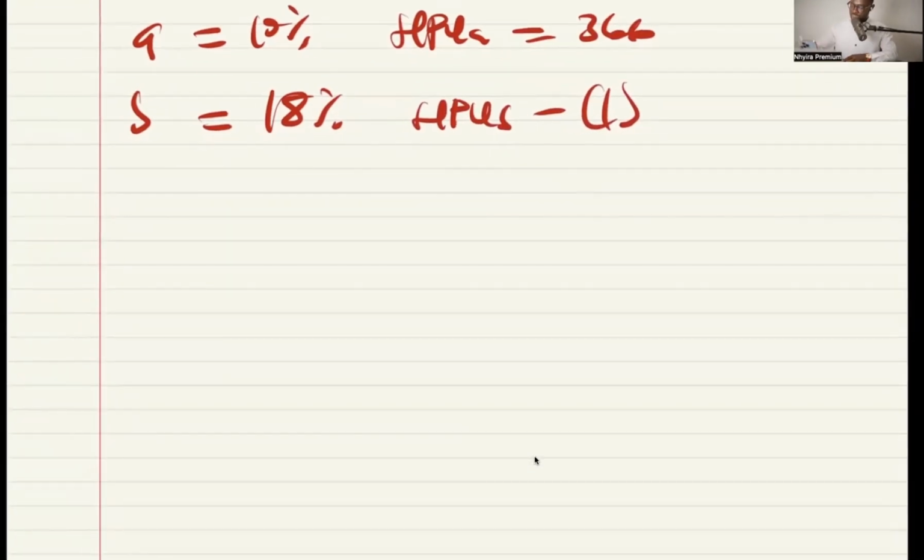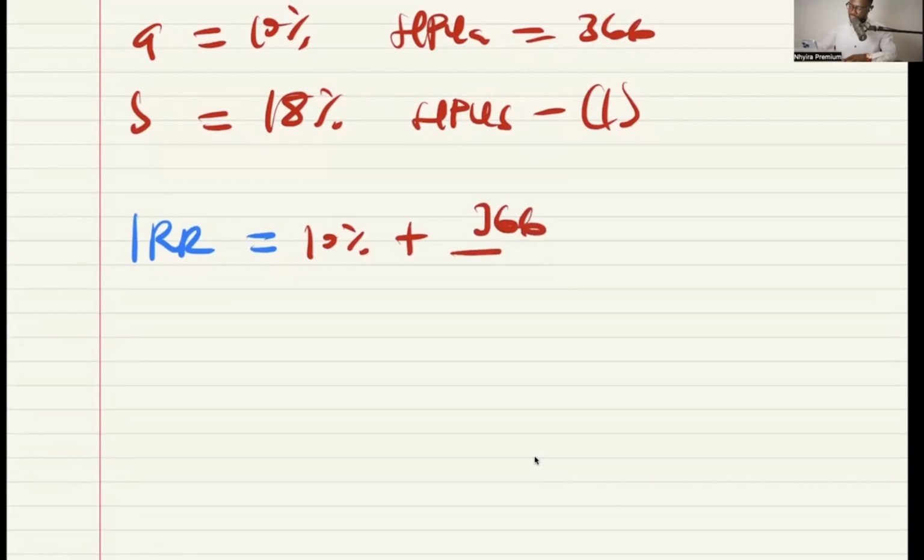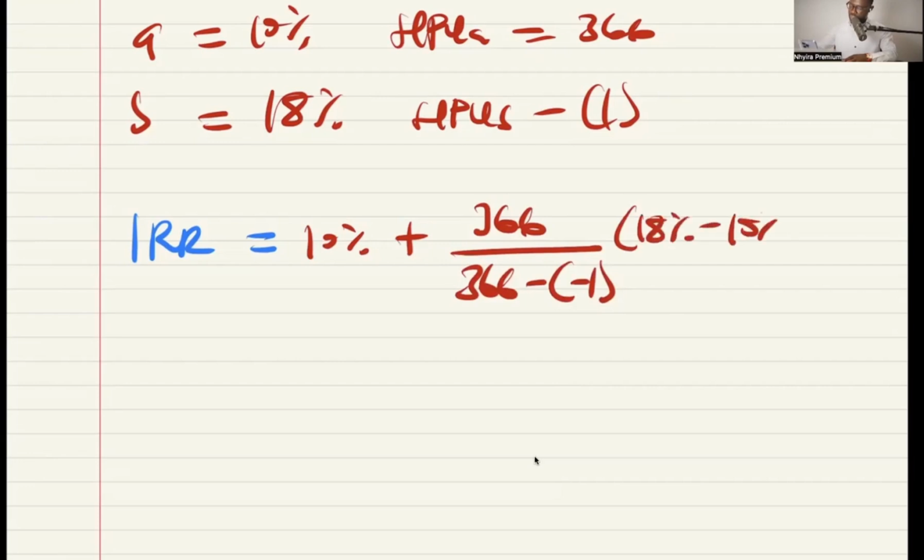So now we substitute it. IRR equals 10% plus 366 divided by 366 minus -1,000, into bracket 18% minus 10%.